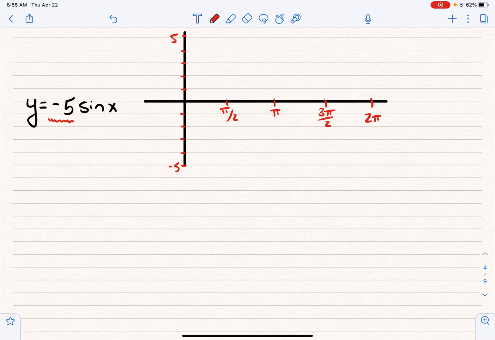Okay? And so I know this starts at the origin, it ends at the axis, halfway between it passes through the axis. Halfway between these first two, it normally hits its high point, but because a is negative, it's going to go down. And halfway between the second two, it normally hits its low point, but because a is negative, it's going to go up. And so this graph should look like this.